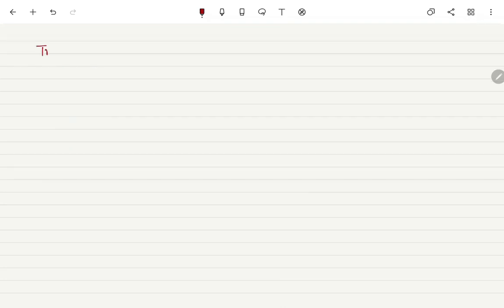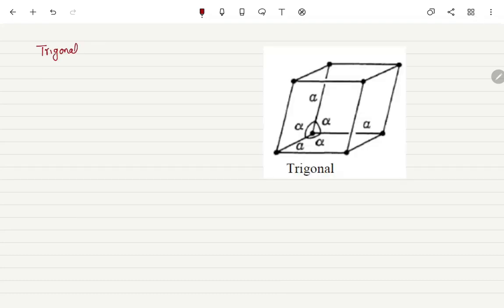Trigonal. Only one type of trigonal structure, this one here, where A1 equals A2 equals A3, and alpha equals beta equals gamma, but not equal to 90 degrees, and they are all less than 120.